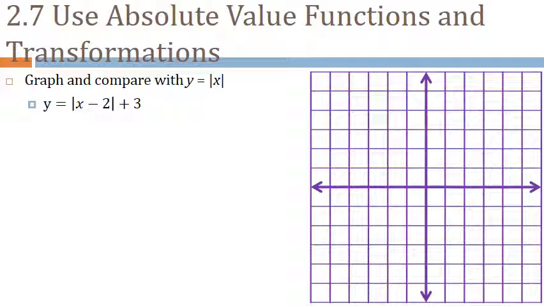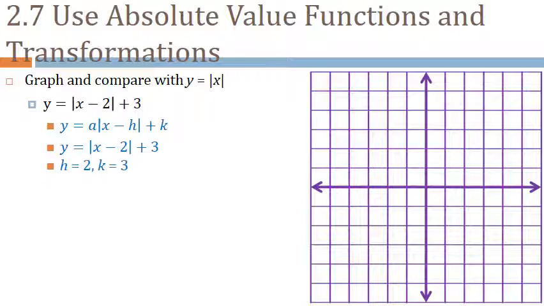So let's graph and compare with y equals the absolute value of x. So here's our function. If we compare it to the general form, we can see that the h is 2 and the k is 3. Because it's x minus h, we have x minus 2. It's plus k, we have plus 3.